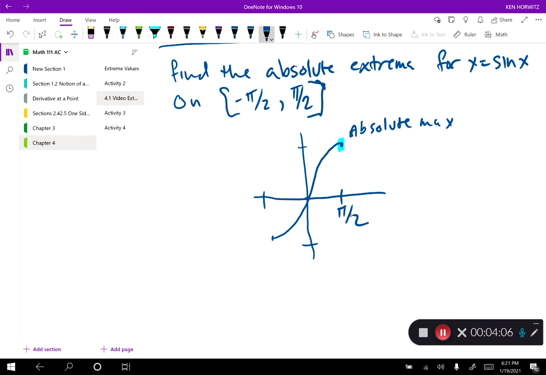So there's nothing beyond that. This is negative pi over 2, and therefore you would consider this the absolute minimum, because on this function, in this interval, there is nothing any lower.